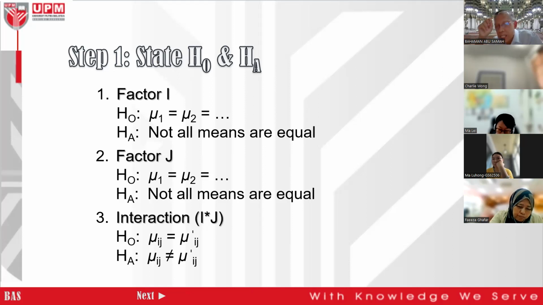But if there is a significant interaction effect, then that will be what we write as the alternative hypothesis, mu ij not equal to mu ij prime. That will be the 3 hypotheses to be stated in step number 1.